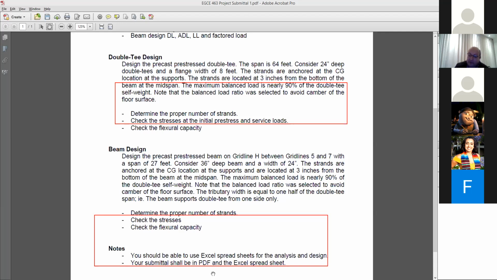As I said, you should also be able to use software, right? So I'm open to software. If someone has done the spreadsheet for you, it's okay for you to use it. I have no problem with this. Because at the end, when you do a design, you need to look at certain stresses, right?